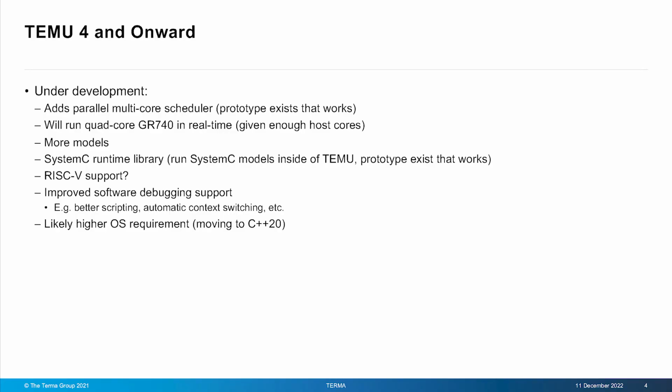So TEMU 4, which is not released, is under development. And what we're adding here, primarily for the performance side, is a parallel multi-core scheduler. We have a prototype that exists, and it started passing tests as of Friday last week, so yay for that.